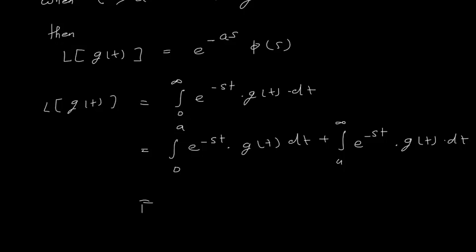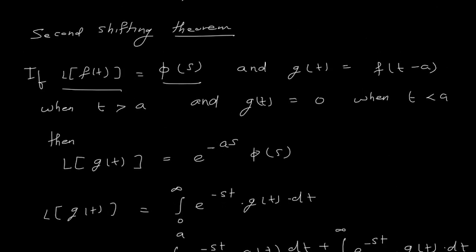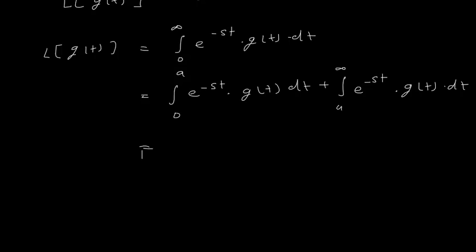Now when t is less than a, the value of g of t is 0, so this whole part will be 0, and I have only the integral from a to infinity of e raised to minus st, and here in place of g of t we have f of t minus a, into dt.